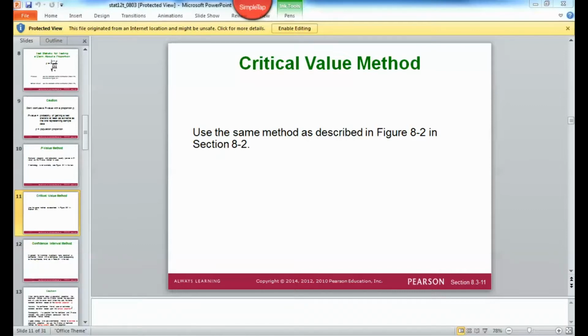This figure again is from section 8.2. So if you don't have a strong grasp on that previous section, you can stop the video right now and go back and watch those videos and skip over the parts you don't like, but I'm sure you like it all. So it's very, very important. It's almost impossible to do this chapter without that section 8.2.